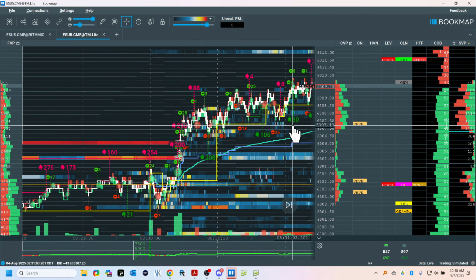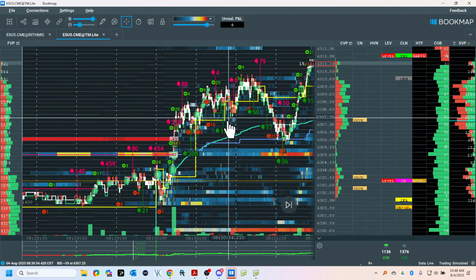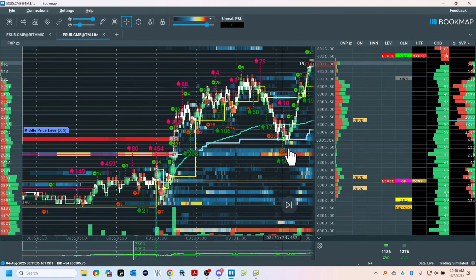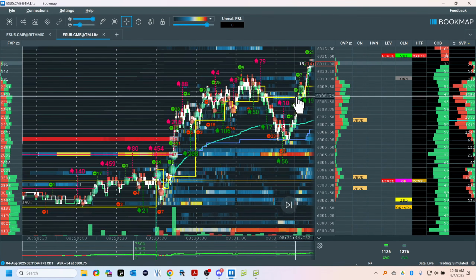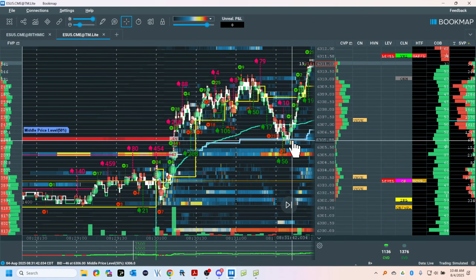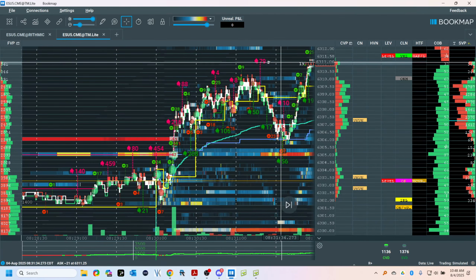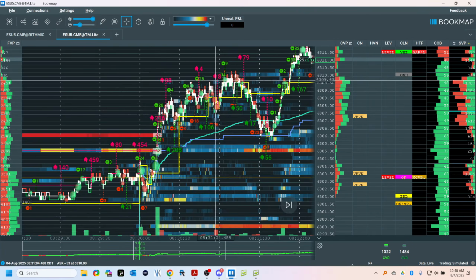Too low. Too low. You bought it here, you get taken out. You bought it here, you get taken out. You come back to mid. This now sets up something called mean reversion, which would be a long from here to here and then up. And you are going for yesterday's high and the ETH high, by the way.